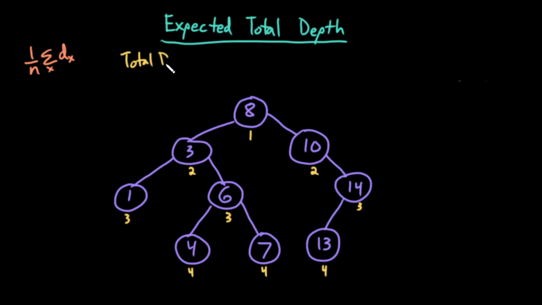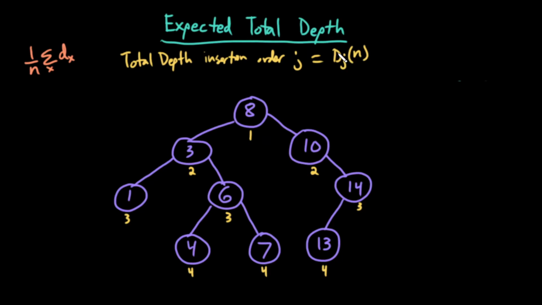So total depth of a given insertion order j. So remember, some specific insertion order defines a specific binary search tree. So let's say that the total depth of insertion order j, one of my n factorial possible insertion orders, is dj of n.